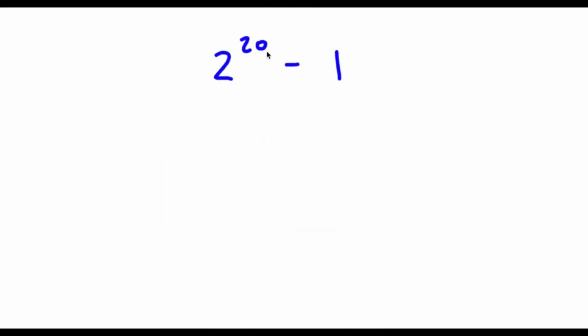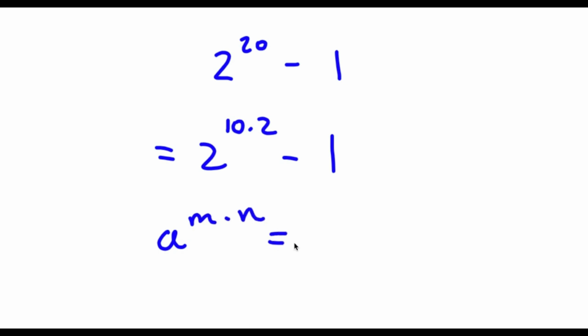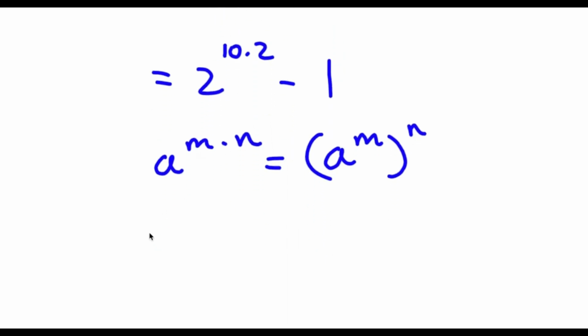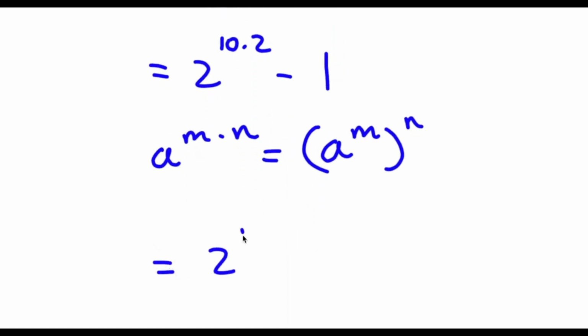Alright, so I have 2 to the power of 20 minus 1. Now 20 here, we can rewrite this as 10 times 2. So now I have 2 to the power of 10 times 2 minus 1. Now if I have something in the form a to the power of m times n, this is the same thing as a to the power of m to the power of n. So 2 to the power of 10 times 2, that's going to equal 2 to the power of 10 to the power of 2.